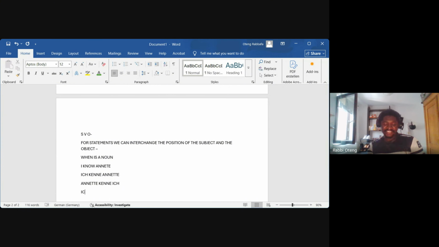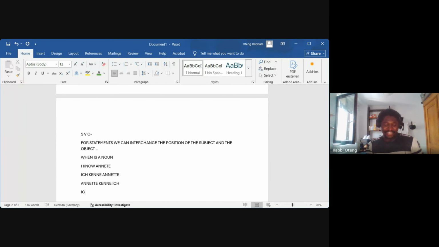We need the verb "cut down," which would be abschneiden or so. Yeah, abschneiden, like amputate.